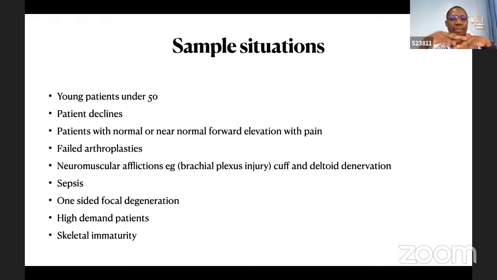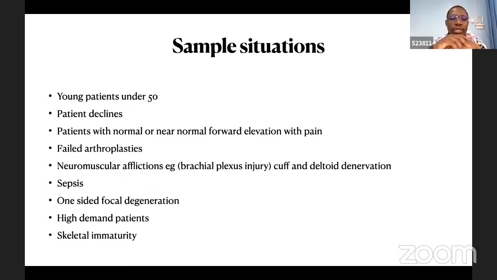And so in those patients, other mechanisms might be put in place to manage pain. Failed arthroplasties, in that case, then you need some of the procedures that we'll talk about that are alternatives. If the patient has neuromuscular disease like brachial plexus injury that you are unable to remedy by muscle transfers or by nerve repairs, you have deltoid denervation, or you have severe, say, scapulothoracic movement problems, and then some of these replacements might not work.